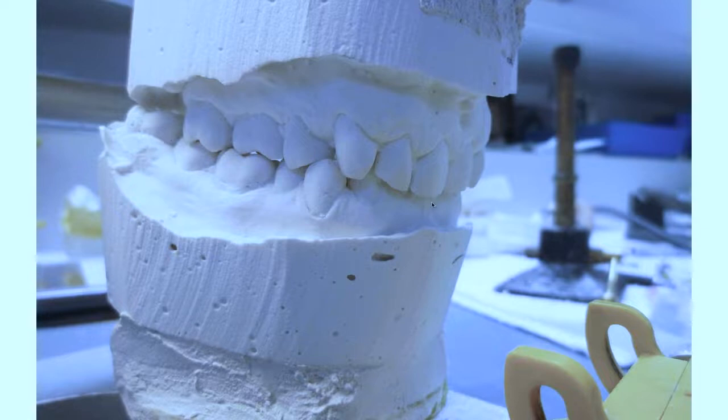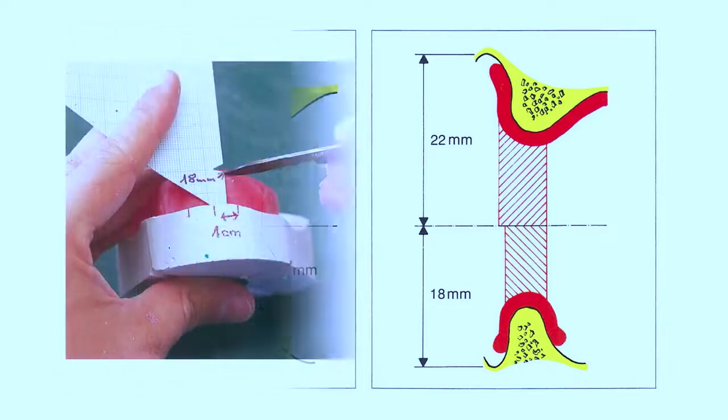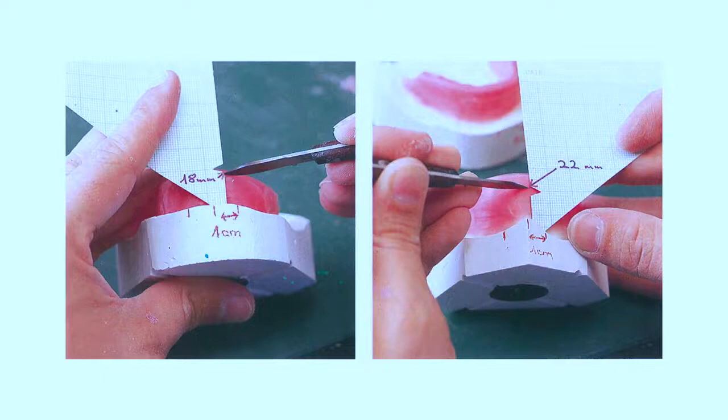On the other side, we see this big deep bite position. So what we can do with our basic knowledge, so this is a Middle European average of vertical dimension. When a dental technician starts to learn their job, they start with this basic knowledge. When we do, for example, a full denture solution, full denture upper lower, then we know with our wax bites we have these measurements of 18 in the lower and 22 millimeters in the upper from vestibulum to vestibulum.